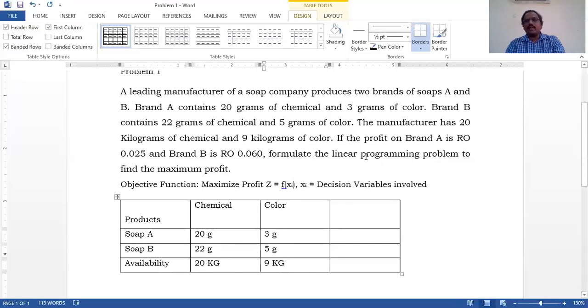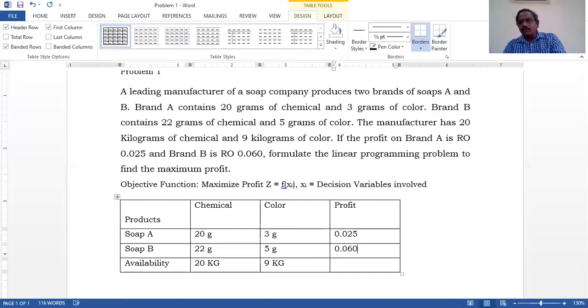In the next line, they have given about the profit. So for my comfort, I'm going to take the profit at the end on the corresponding rows. The profit for A is 0.025, and for brand B, it is 0.060. Now we have converted the information into a simple table.